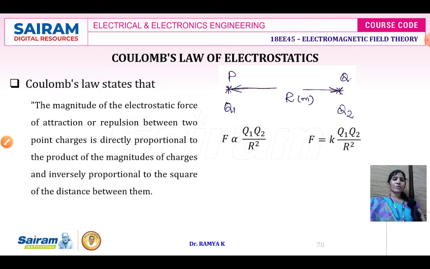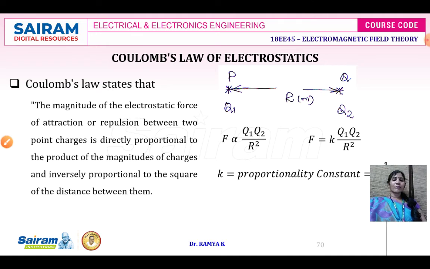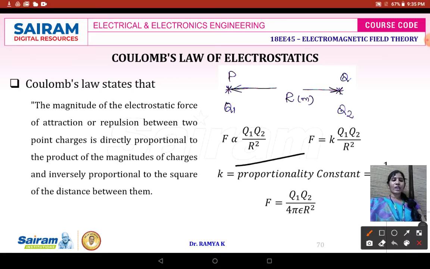To remove this proportionality, we add a parameter called K. The K value is nothing but 1 divided by 4 pi epsilon. Substituting the value of K in this equation, you will get F is equal to Q1 into Q2 divided by 4 pi epsilon r squared, where epsilon is the permittivity.